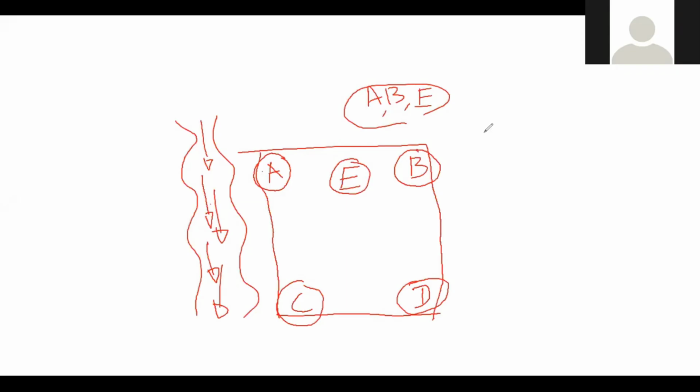A, E, B. A is having much higher moisture, then E is second, and B is third. Anyone from soil science? What do you call this kind of phenomenon? Yes, seepage. That is true, seepage.